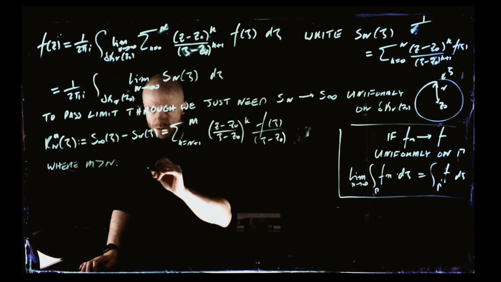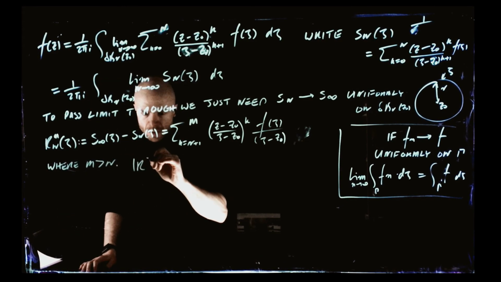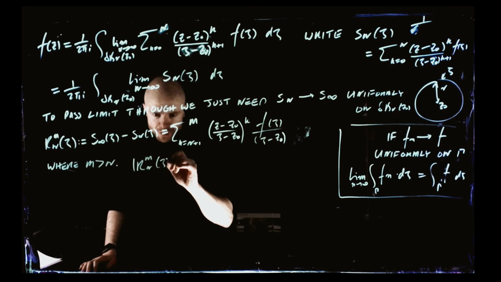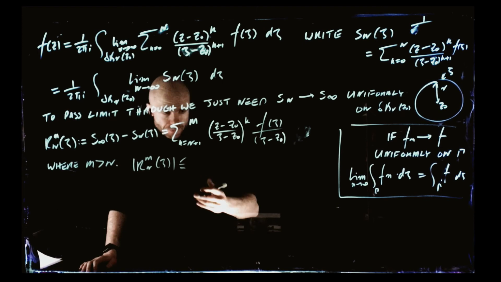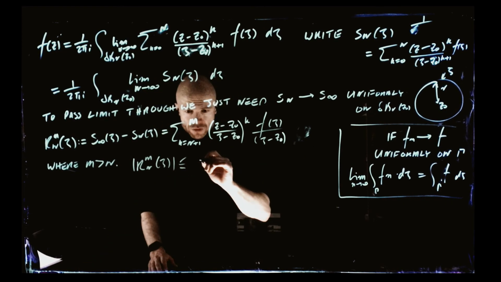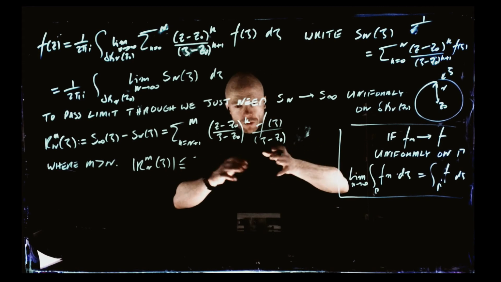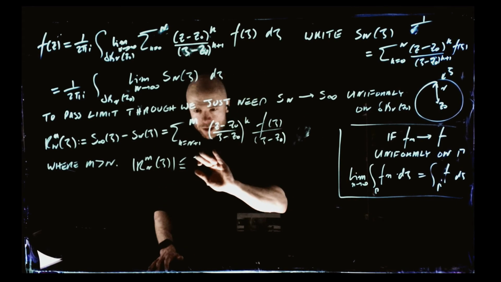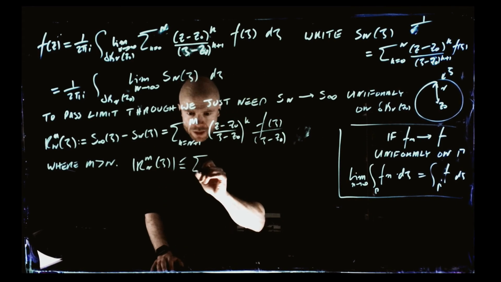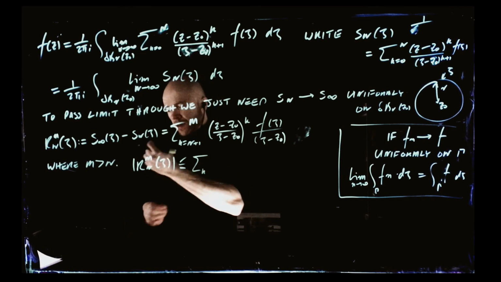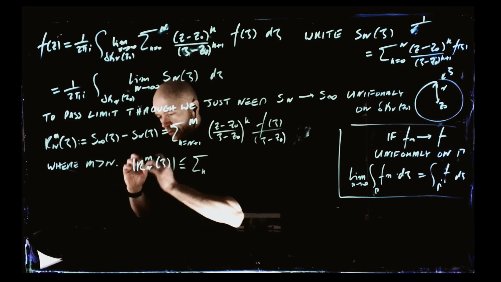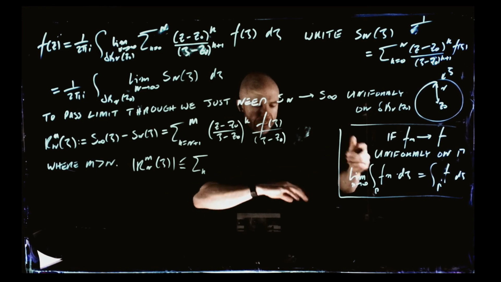Then we can estimate this thing. The absolute value of our RMn of zeta, we're going to put the absolute values through this thing. It's a finite sum. We don't have to worry about taking absolute values through it because there's no limit involved. It's now a finite sum. It's going to be fine because the absolute value is convergent and the sum's convergent, but that's what we're about to show.